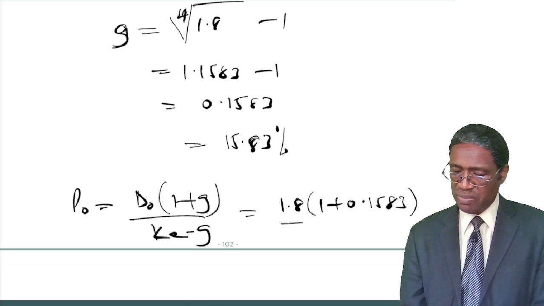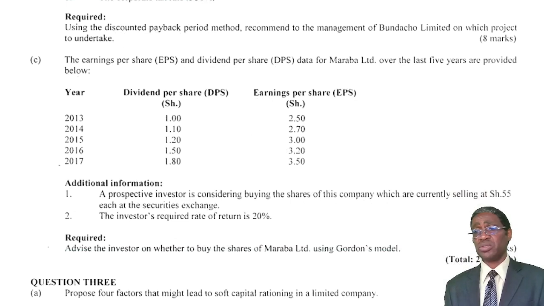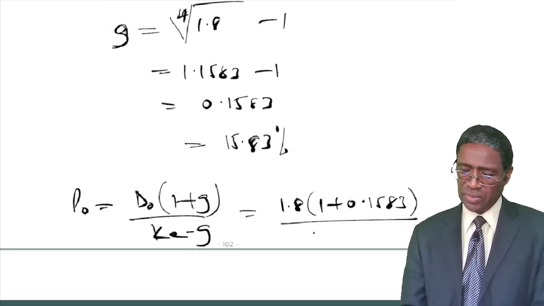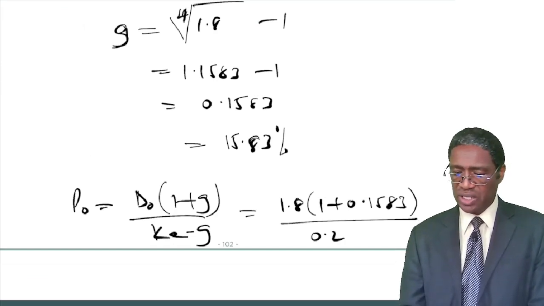You divide that by Ke. We were given the cost of equity to be 0.2, which is 20%, minus g.